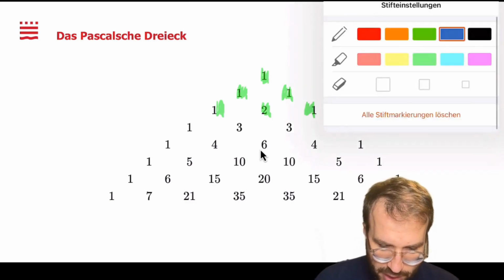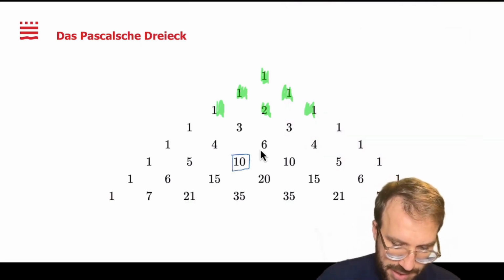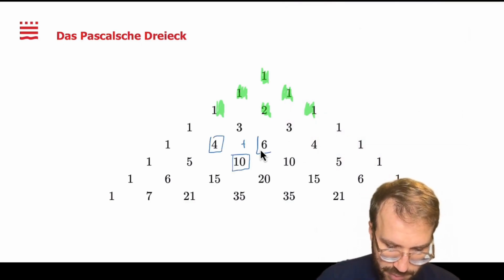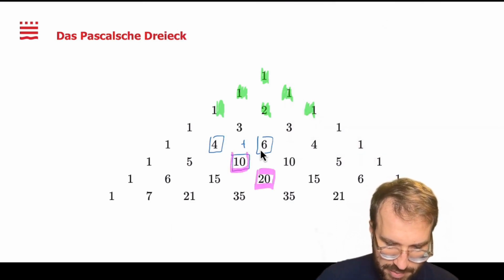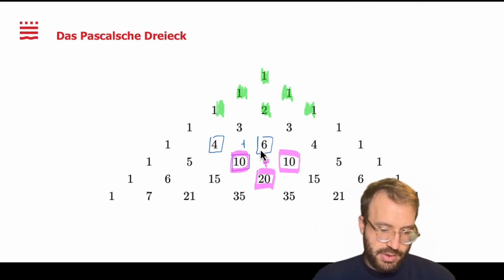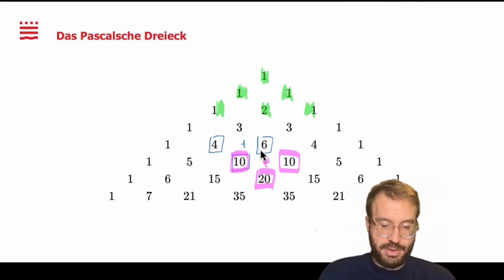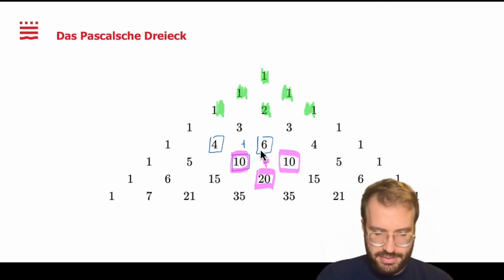Namely, if we take a number out here, like 10, for example, then that's the sum of this here plus this here. Or for example, this whole thing here is then 20, which is the sum of this here plus that one. And so you see that you can actually determine all the binomial coefficients recursively by calculating them step by step from the upper rows. That's a very nice formula.